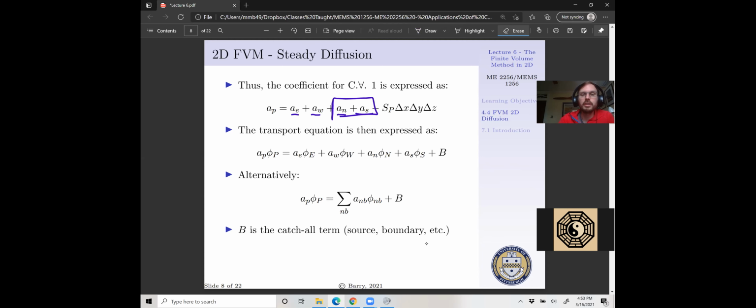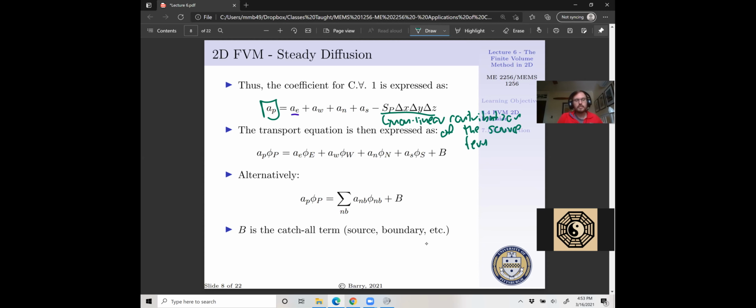And what we can also do, and this is going to be important when we consider source terms, is we can take the nonlinear contribution of the source term and group it in with our coefficient to Vp. Now, you can think of a nonlinear source term as something that might be dependent upon temperature. So joule heat, right? That's your current density squared.